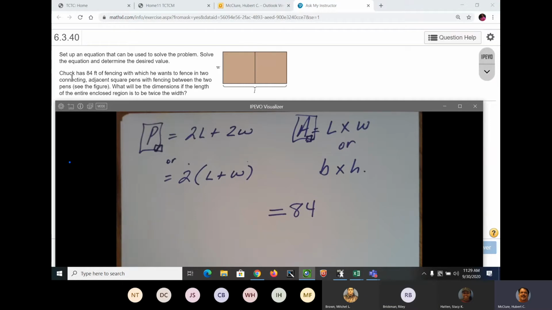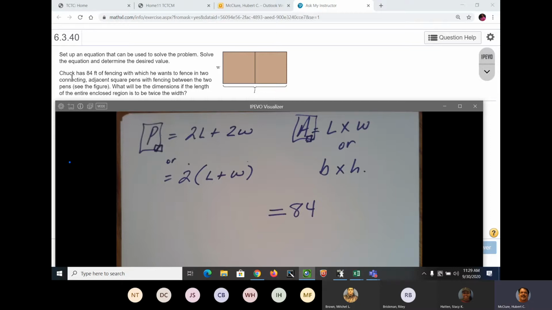Okay, so it says he wants to fence in 2 connecting. Chuck has 84 feet of fencing with which he wants to fence in 2 connecting adjacent square pens with fencing between the 2 pens. Okay, good gosh, these must be small pens.